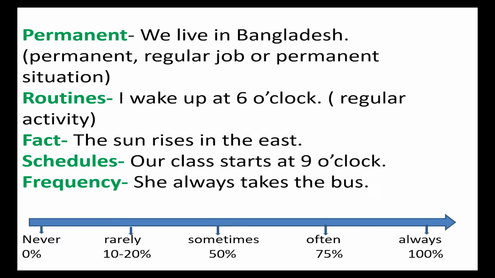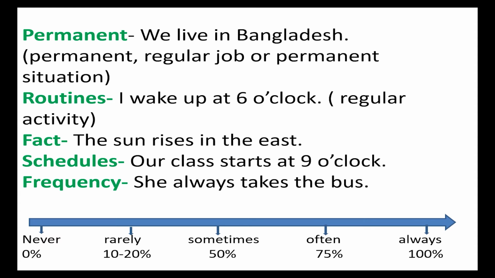Now there are some words in English called adverbs of frequency to describe how often something happens. For example, she always takes the bus. Now see here, always. Now look at this line: never, rarely, sometimes, often, always.